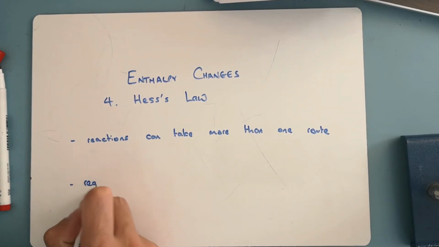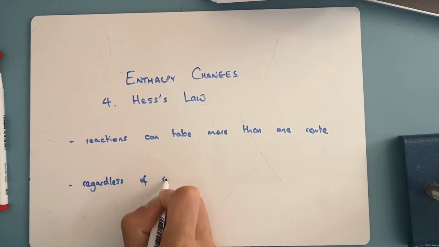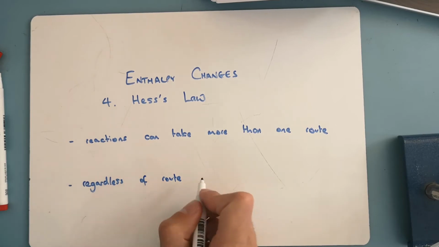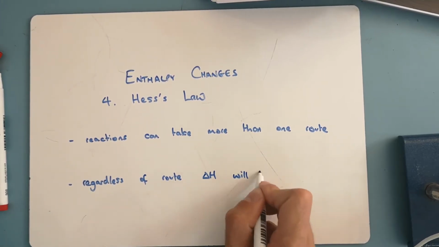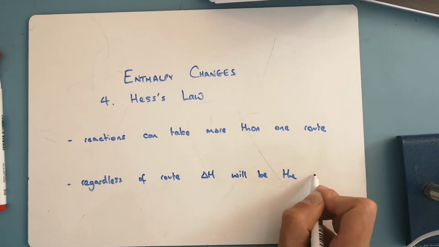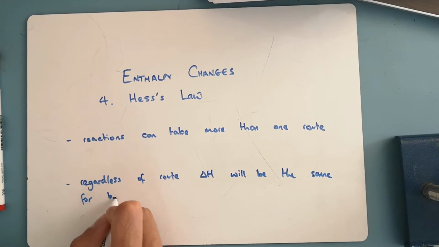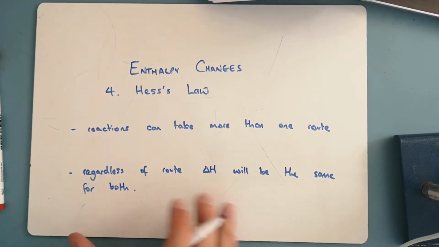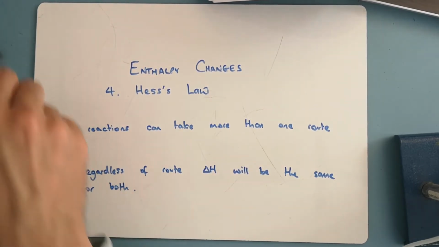Regardless of route, the enthalpy change, so change in enthalpy, will be the same for both routes taken. So if you go the really long-winded way, the change in enthalpy will be the same regardless of how you got there.